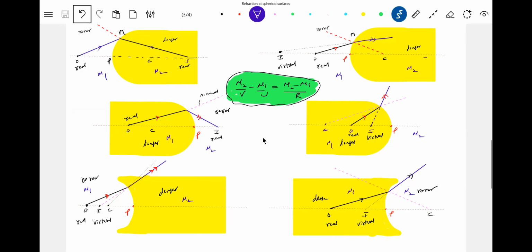Okay, after this, we'll go for the magnification formula. Just make observation of these things. Linear magnification.